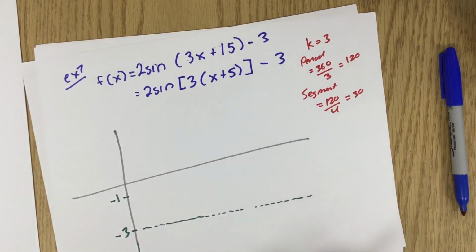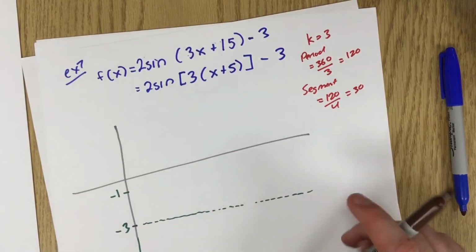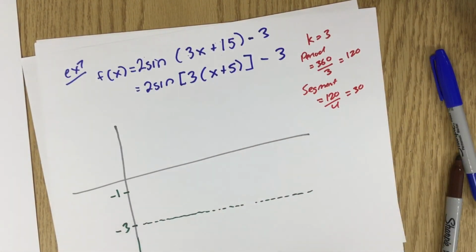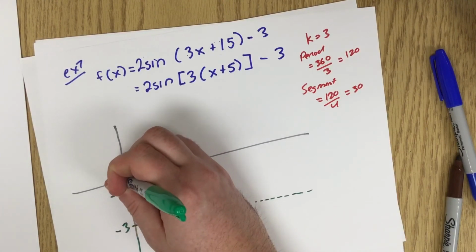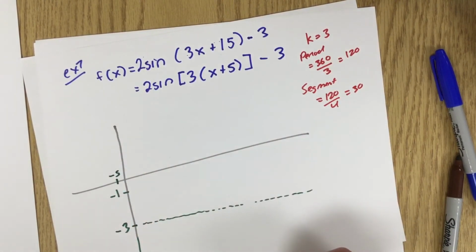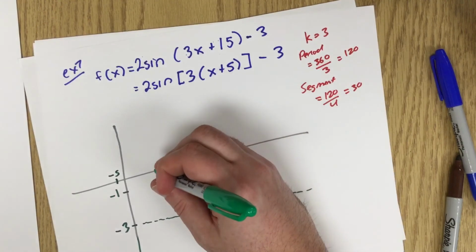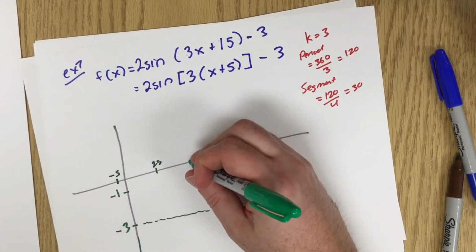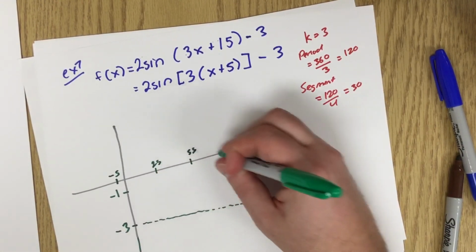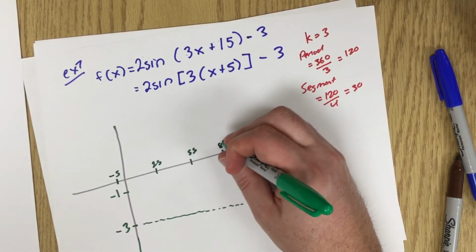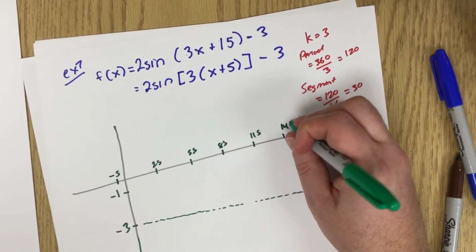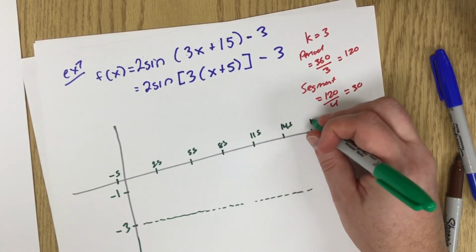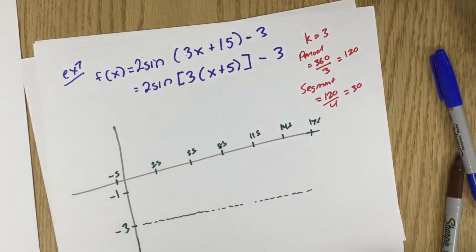And we moved left 5. So we're actually starting at negative 5. Then we're going to go up 30, so we're going to get to 25, 55, 85, 115, 145, 175.